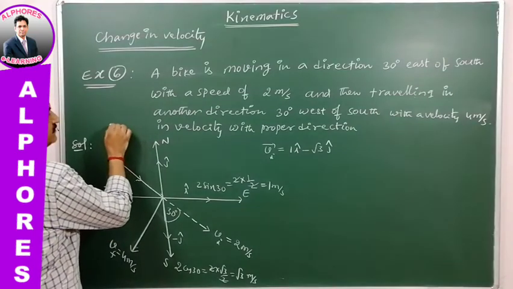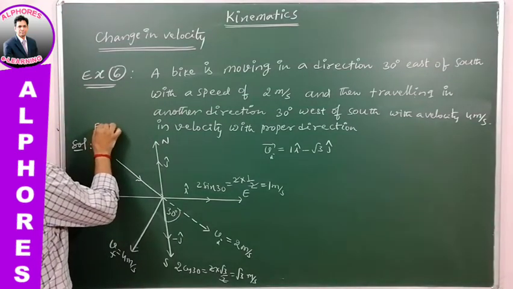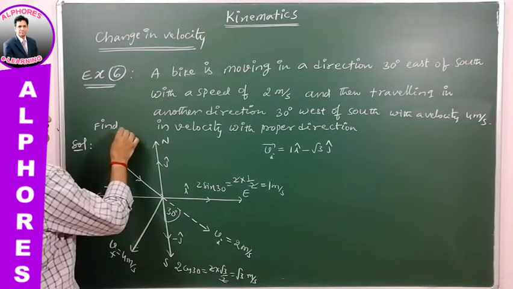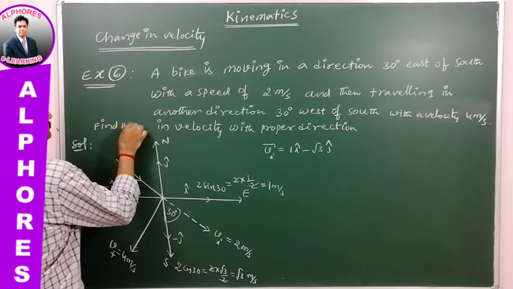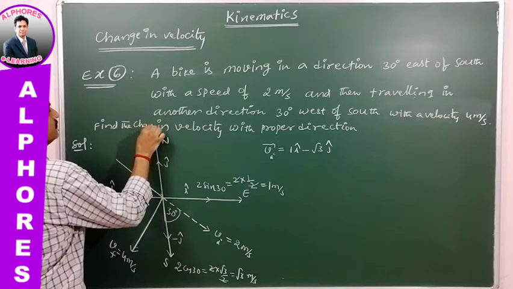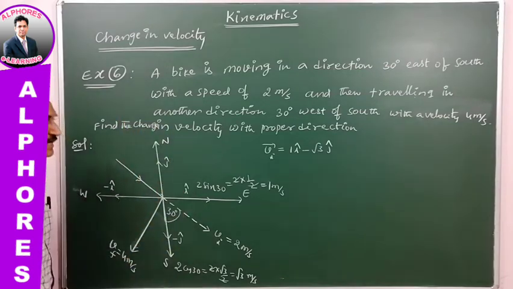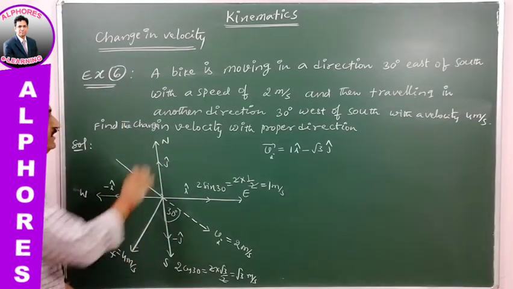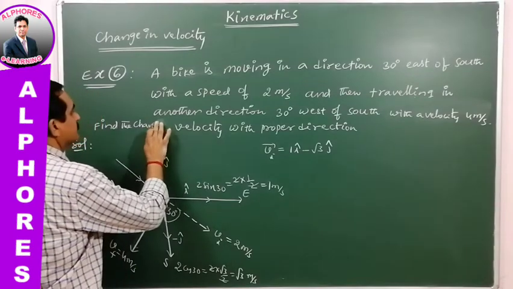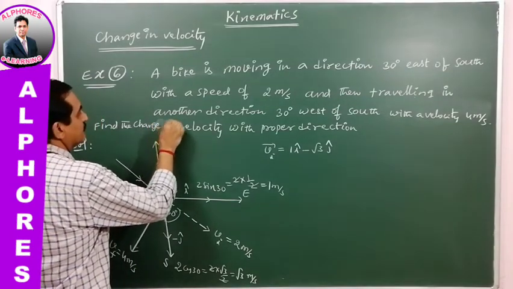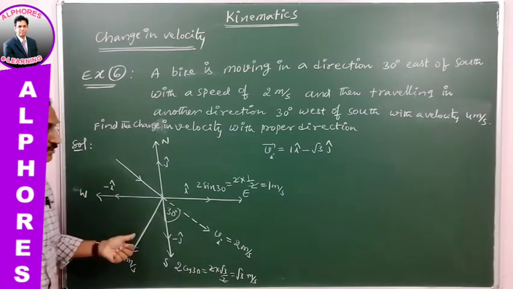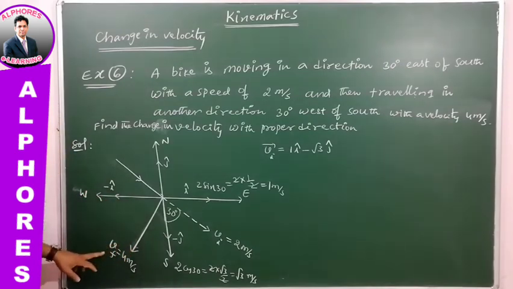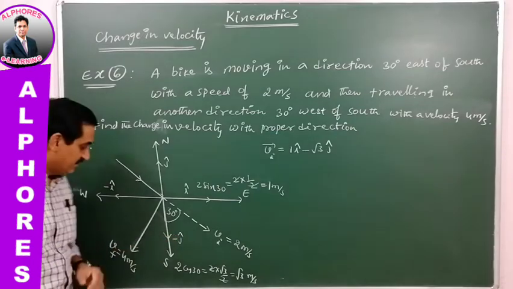Then find the change in velocity. Find the change in velocity with proper direction. Right, it's correct. Sorry, the data was missed there. The final velocity is 4 meter per second.